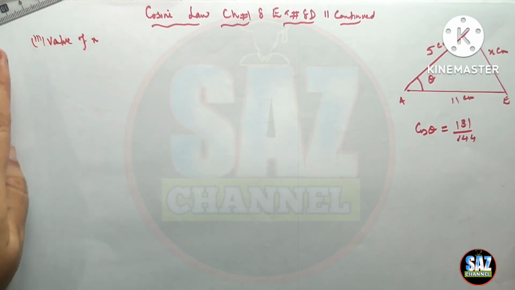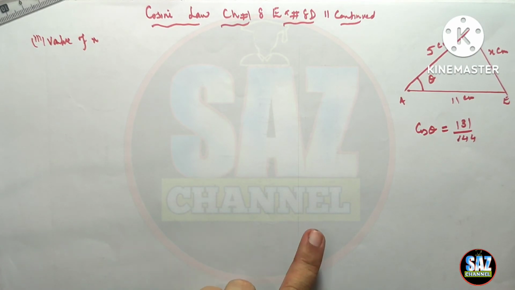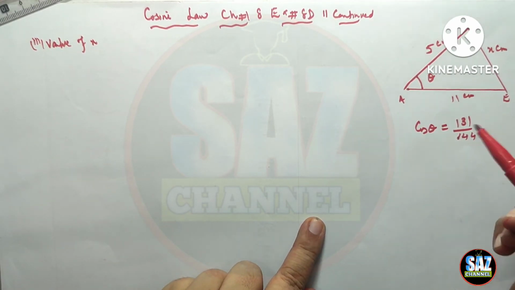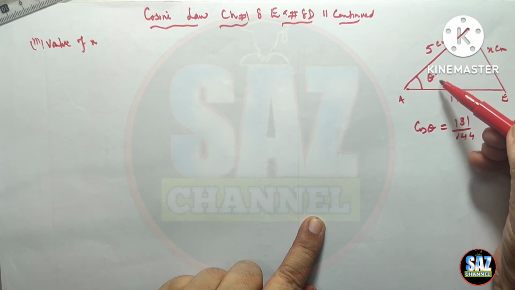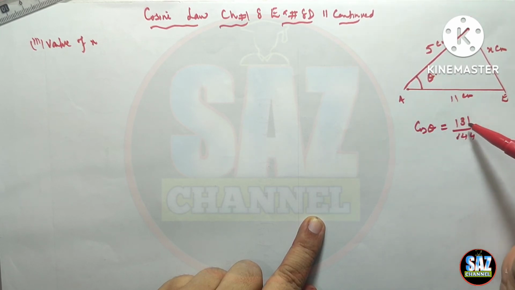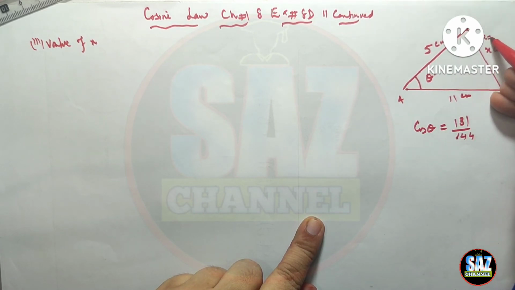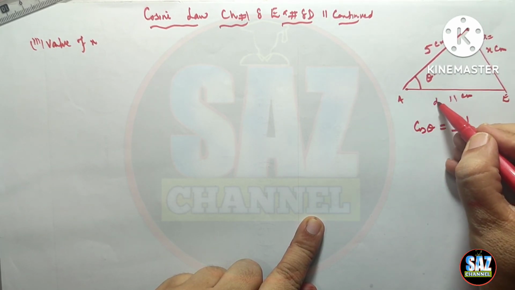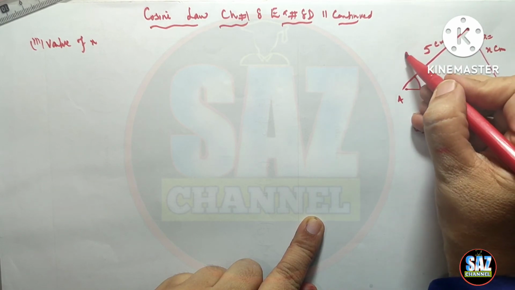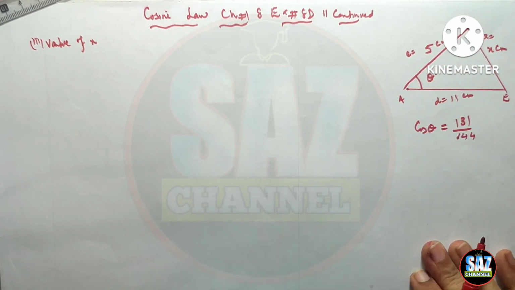For that purpose, I've drawn the outer big triangle, and here we have the answer of cos of this angle. So this side will be A, this side will be D, and this side will be E, and we have to find x.